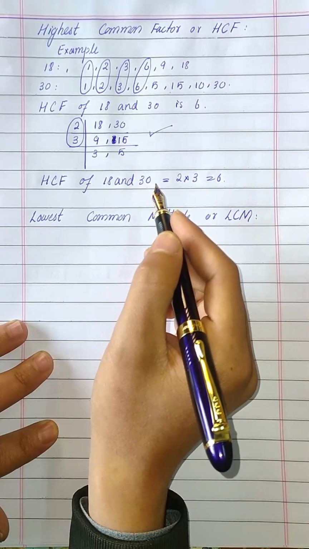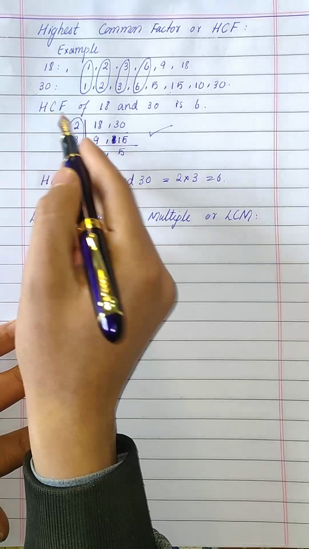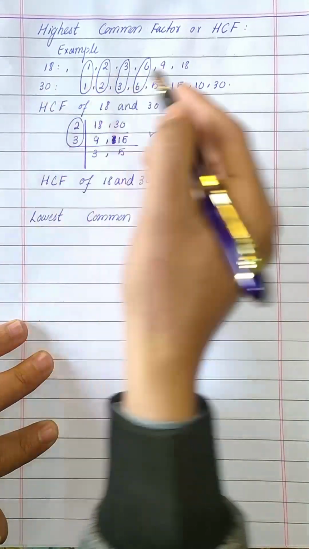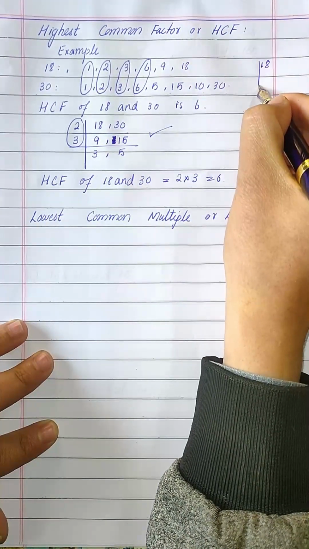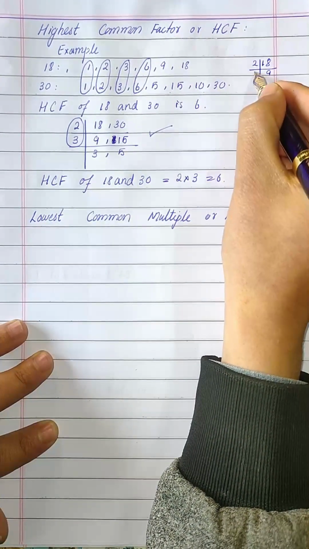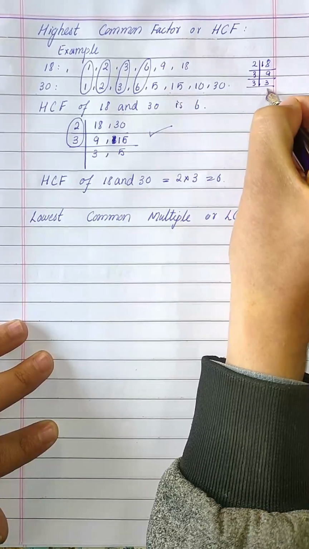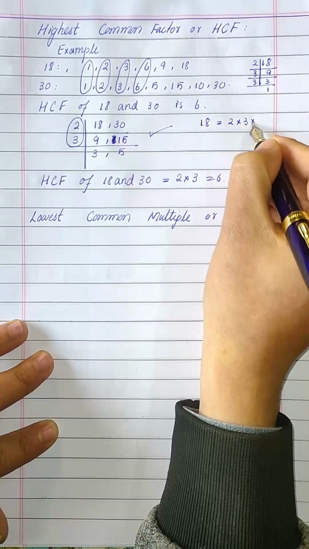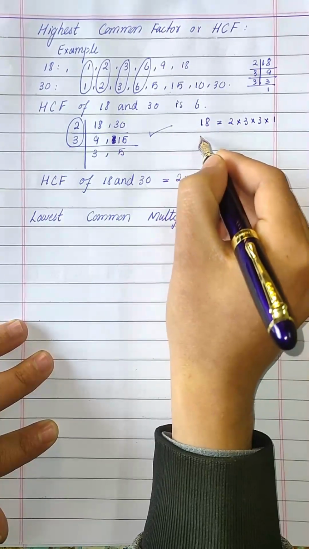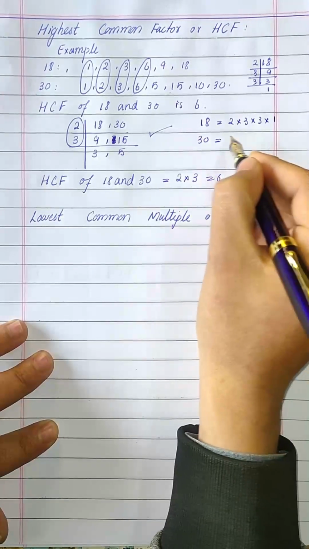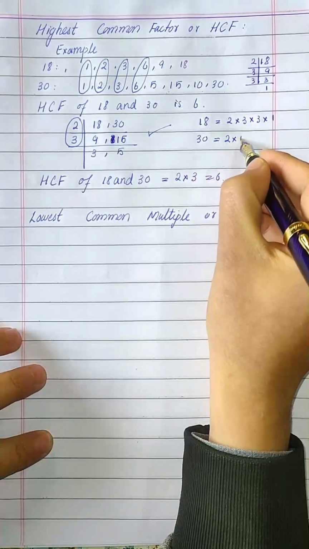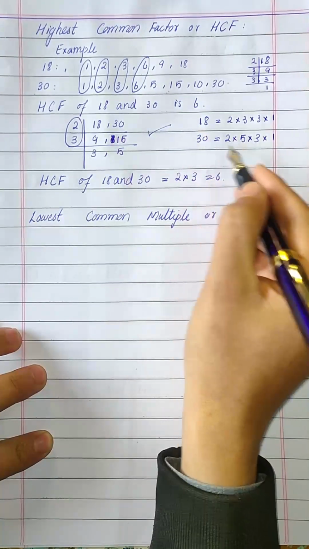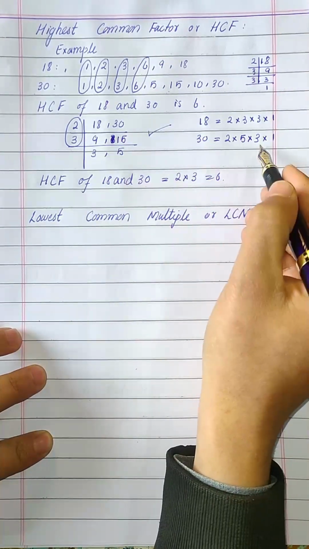Another method of finding HCF is as follows: first of all, we have to factorize both numbers. 18 can be factorized as 2 nines are 18, 3 threes are 9, and 3 ones are 3. So 18 can be written as 2 times 3 times 3 times 1, and 30 can be written as 2 times 5 times 3 times 1 in its factorized form.